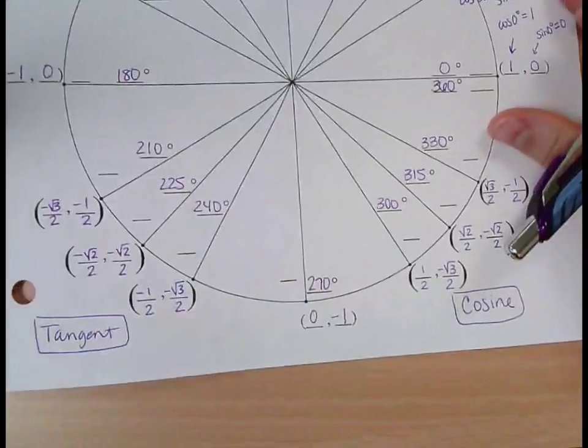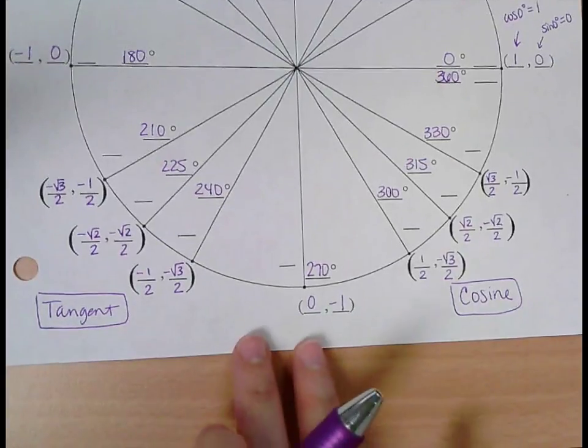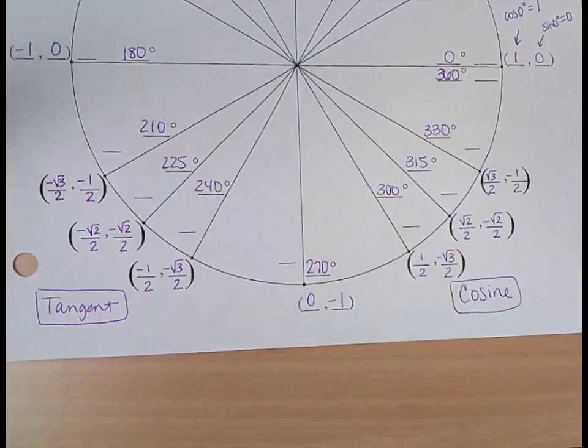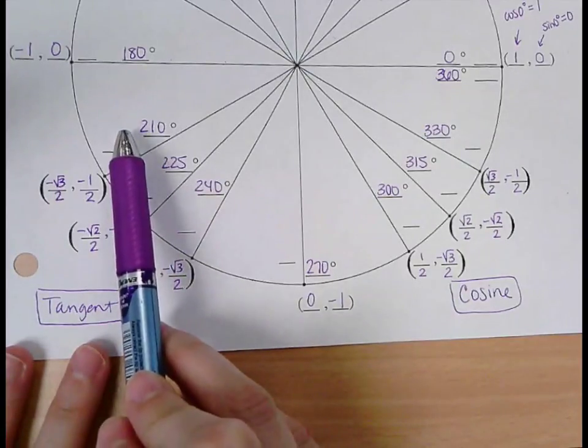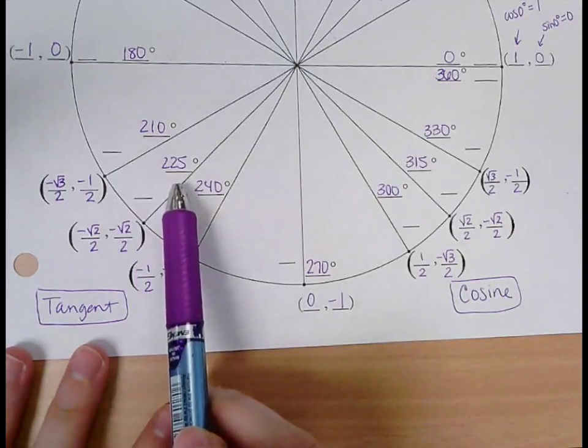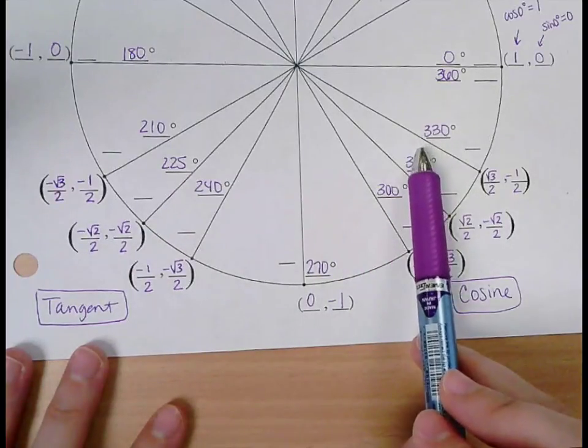Okay, I'm going to show what I have double checked, especially some of the last groups. I just made sure you had a chance to fill it in, but make sure you have it filled in correctly. So first of all, look at your angle measures. Make sure you have 210, 225, 240, and then 300, 315, 330.